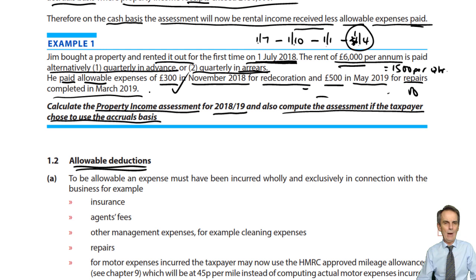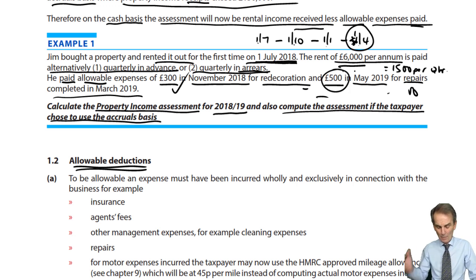So the fact that they were actually done, the expenses were incurred within the 18-19 tax year, is no longer an issue from 18-19 if we're working, as we will now automatically assume to be working, unless stated to the contrary, on a cash basis. So that £500 figure will be paid in 19-20, and therefore it will feature in the tax year of assessment 2019-20 there, not 18-19.